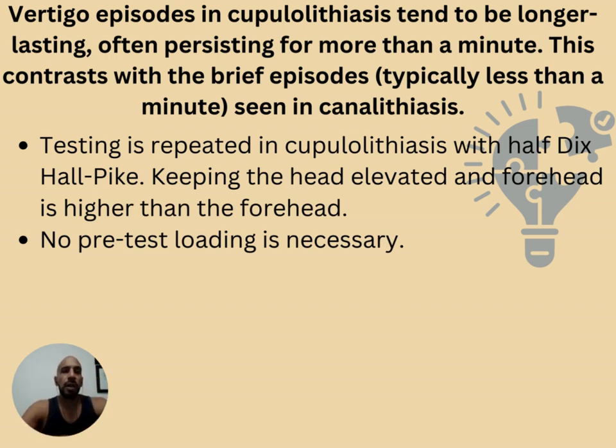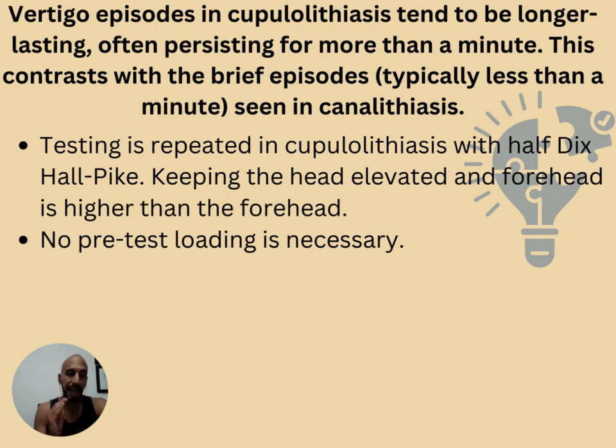Vertigo episodes in cupulolithiasis tend to be longer lasting, often persisting for more than a minute. This contrasts with the brief episodes, typically less than a minute, seen in canalithiasis. So vertigo can happen in the posterior canal in two ways. It can happen in a short episode, which is 30 seconds.